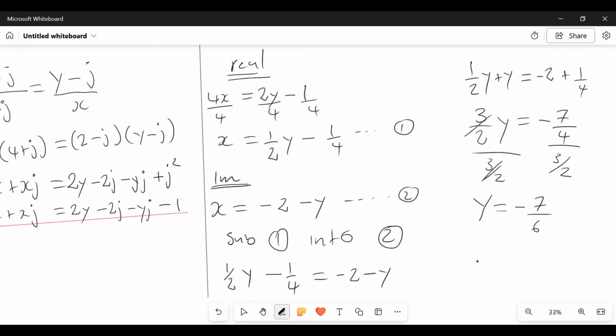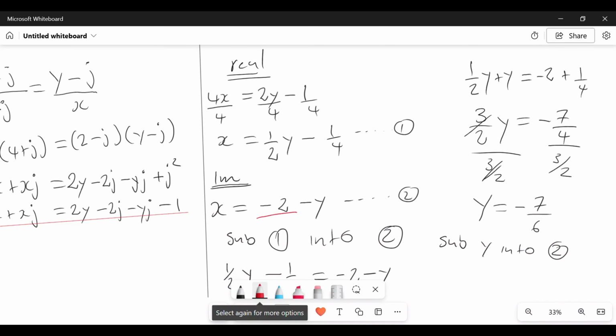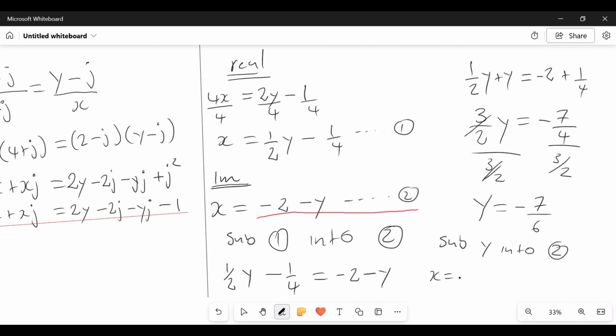So in order for us to find x, we can substitute y into one of the equations. I'd rather choose the second equation, equation 2. This one here is easier, guys, to follow. Let me substitute my y here, right? So let's do it. Let me change the color very quickly. So we know that x is equal to negative 2 minus, wherever there is y, we're going to put negative 7 over 6.